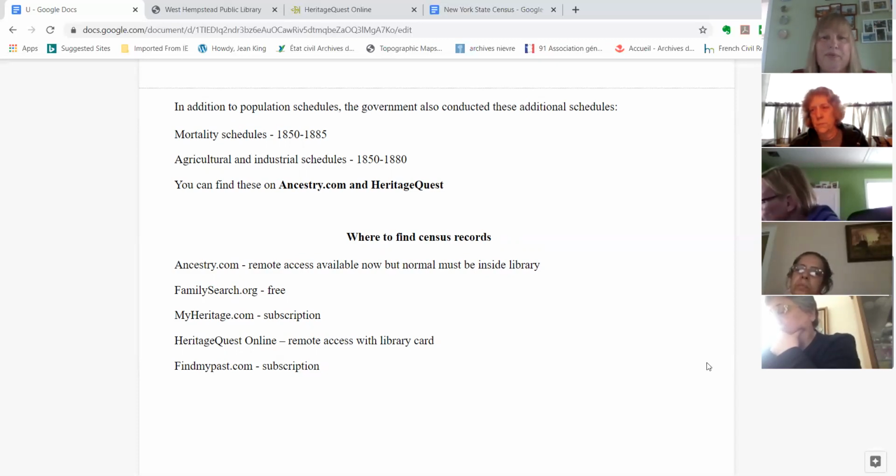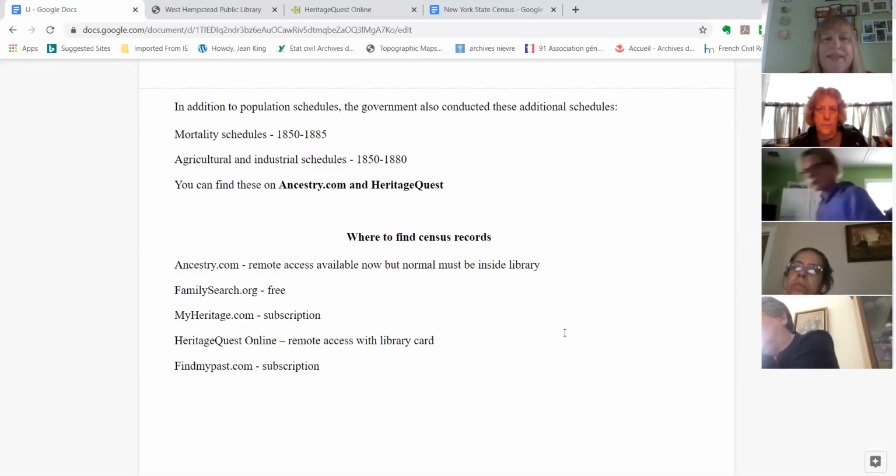So again, here are some of the places you can find census records: Ancestry, FamilySearch.org, which is run by the Church of Jesus Christ of Latter-day Saints, or the Mormons, and that's always free. MyHeritage is a pay website, but they have the census records.